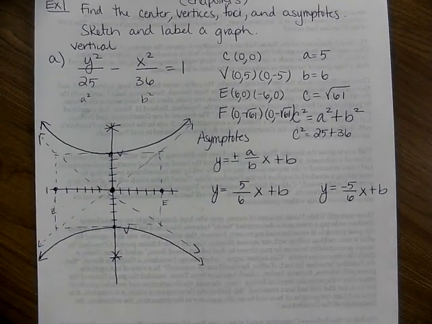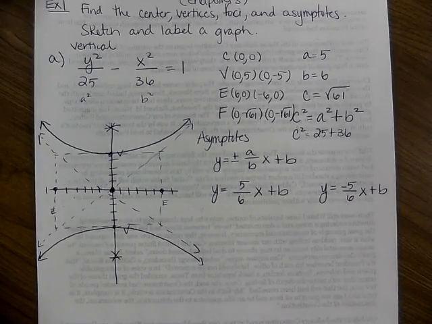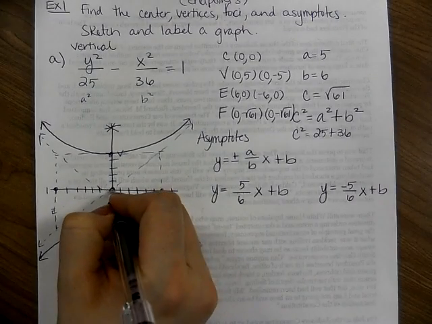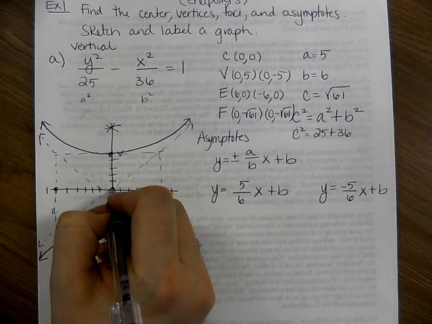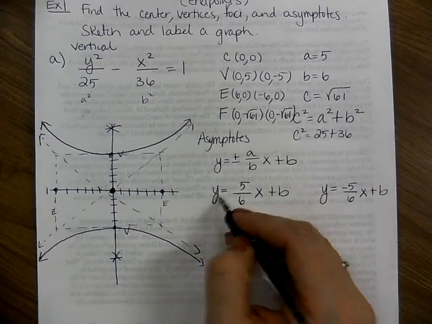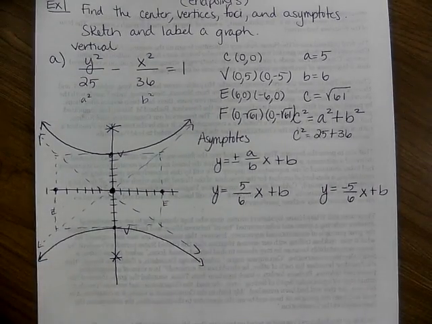I want you to think about how you would find b. What point? The center, because the center is a point that lies on both of these lines. Now in our case, we can see the y-intercept. It's just 0. So if I plug in 0 and 0, b is 0 in both of these cases. So when it goes through the center, it's much easier to find the asymptotes than when it doesn't.